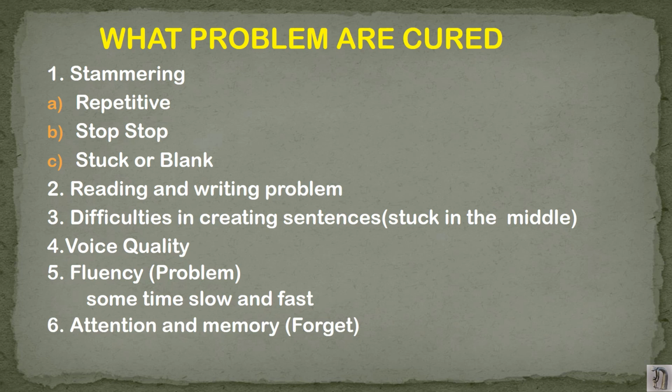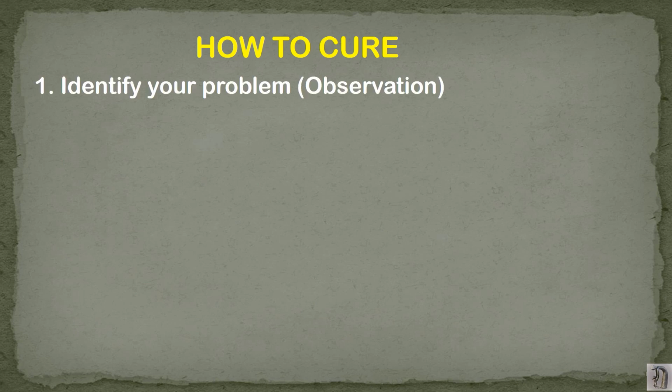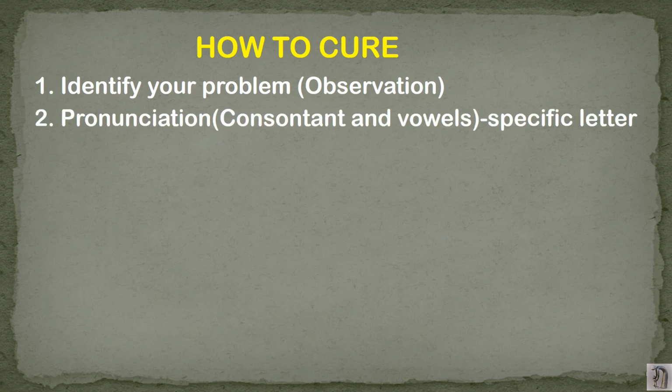These are a few problems that a speech therapist will encounter while assessing the child. So let us see how it can be cured, what the steps are. Identify the problem. Observation is very, very important. Then pronunciation, consonants and vowels, specific letters.